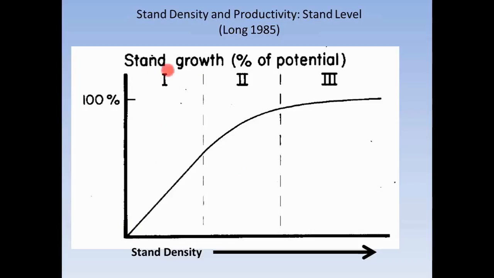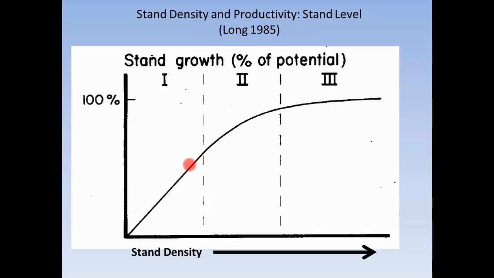And again, we'll talk about this understock period where our stand level productivity is not as great as it could be. We have growing space that is unoccupied, and resources going to other places other than tree growth.